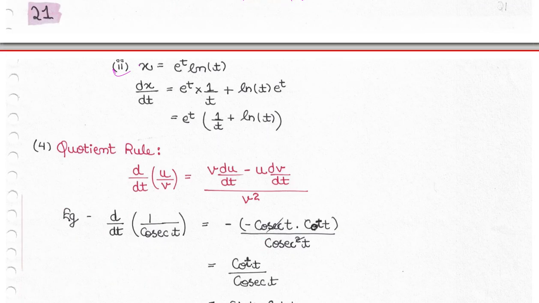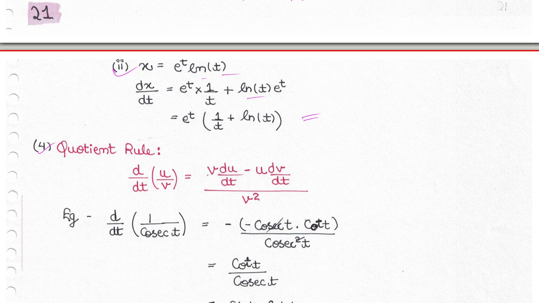In this example, if we have x is equal to e to the power t ln t, so dx/dt is equal to e to the power t times 1 by t, differentiation of ln t, plus ln t times e to the power t. Okay.